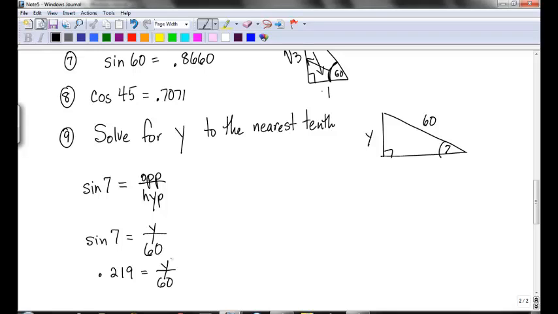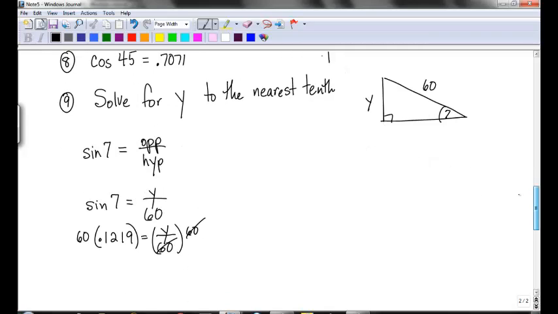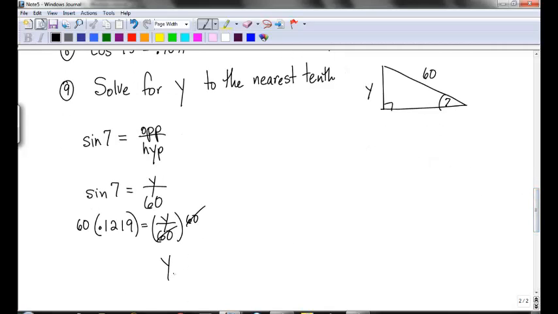Now, if you put the unknown up on top, it saves you keystrokes because you can always solve for that unknown. Read it, y divided by 60, what's the inverse of division? Multiply. So if I multiplied, now you don't have to show this. Whoops, I left off one of the decimals. Multiply this by 60, right? So when I do this, this is gone, and I have y equals. So on my calculator, all I have to do is take this times 60. Okay?